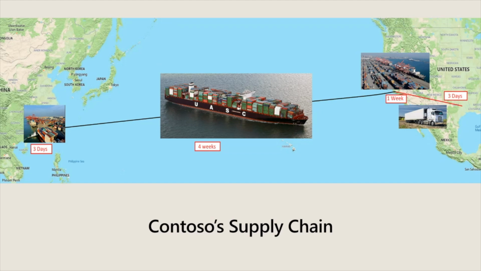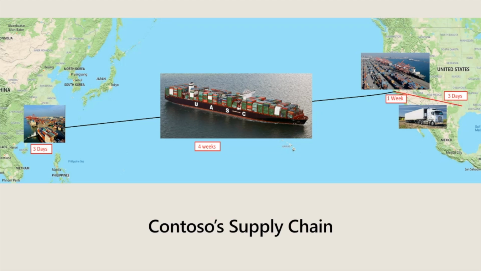And then once the goods land in Long Beach, California, the offloading, the customs clearance, etc., takes roughly a week before the goods are moved via local transportation from Long Beach to Austin, Texas. So this is the entire supply chain from a Contoso perspective.